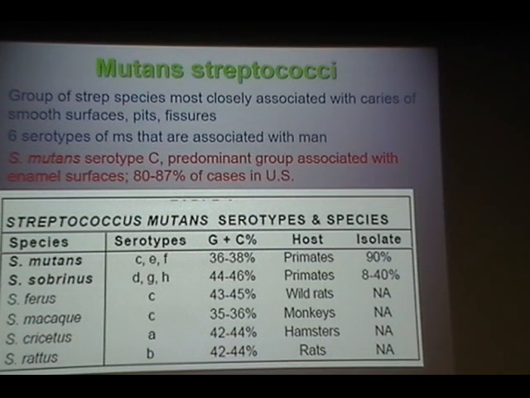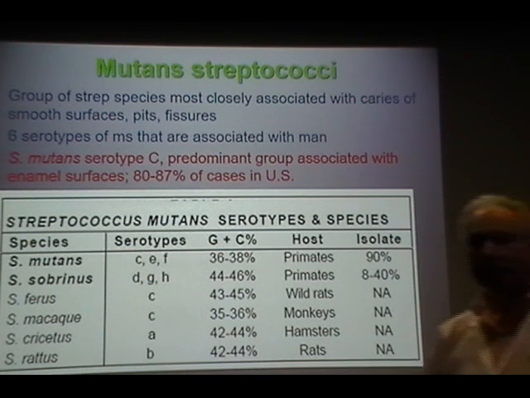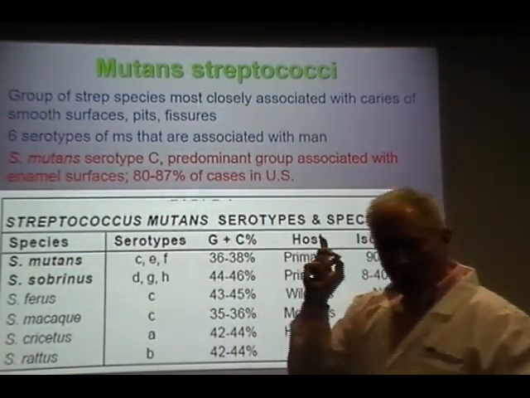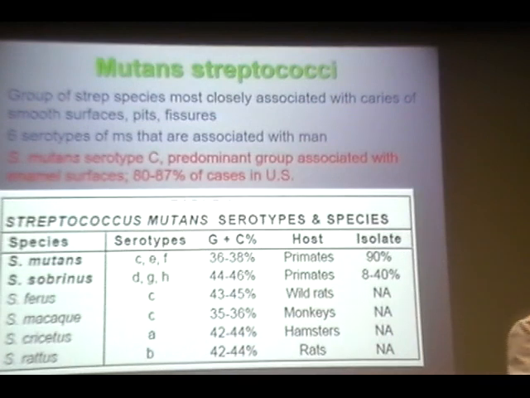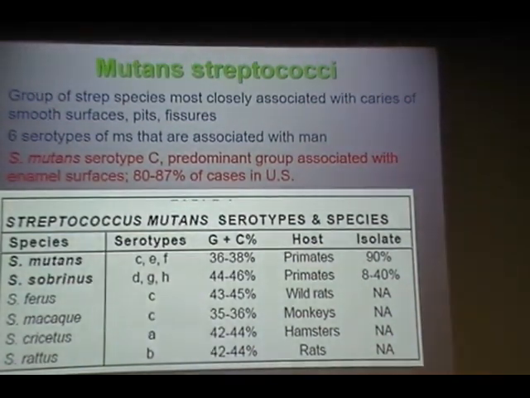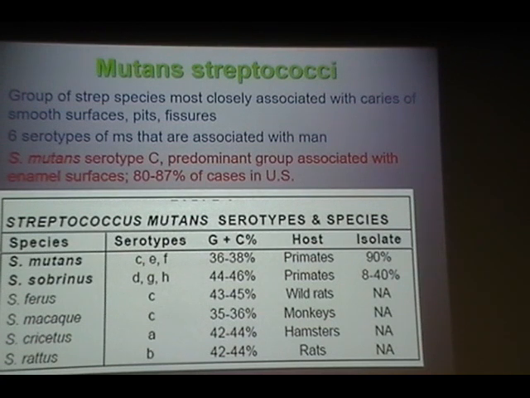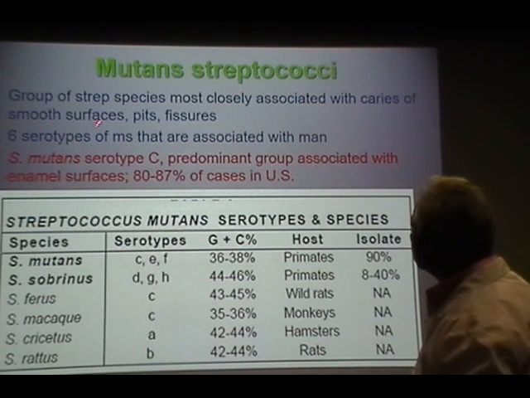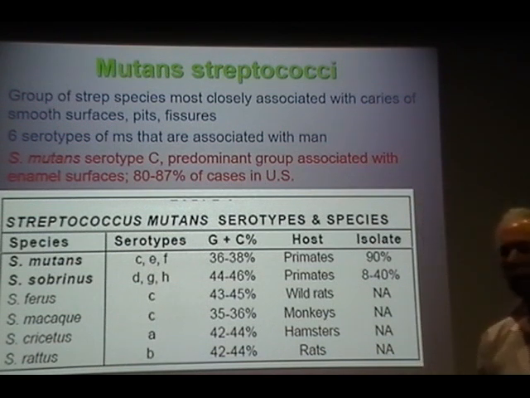Mutant streptococci. A group of streptococcal species most closely associated with caries of smooth surfaces, pits, and fissures. Okay? I'll describe a particular study done in the 70s at the University of Alabama in rats, where they demonstrated for the first time really effective ways of eliminating smooth surface caries, but not pit and fissure caries.